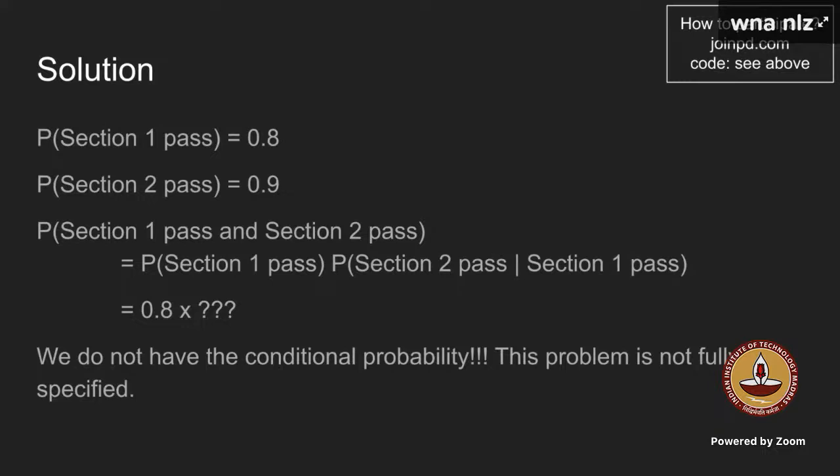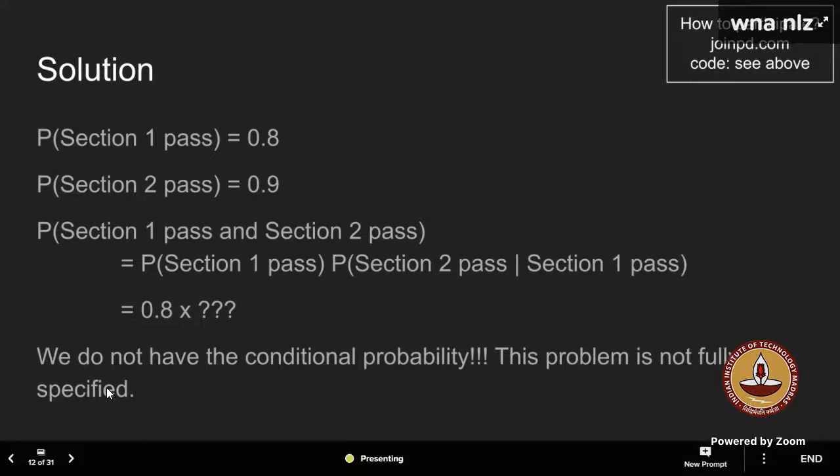We can try this question by the complementary method: not passing in section 1 and passing in section 1. You are saying that the ultimate thing you are finding out is passing in section 1 and passing in section 2, right? Yes, sir. Then what is the formula you are using?